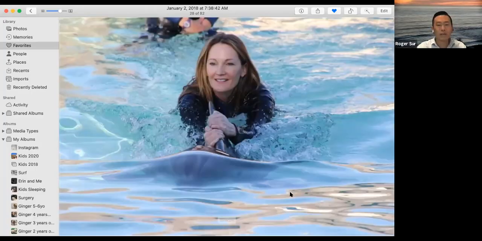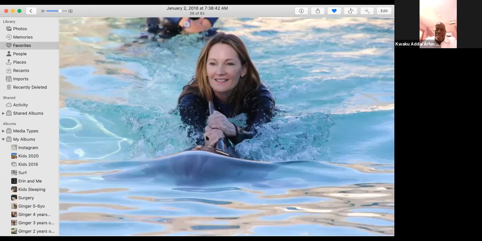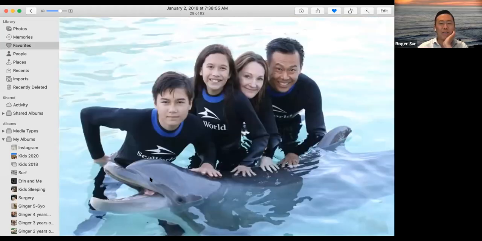And I want to show you something. Oh, here. Wonderful, wonderful. Here, I will show you this. So this is my wife. Okay. And is she being transported by the dolphin? That is the dolphin we saved.